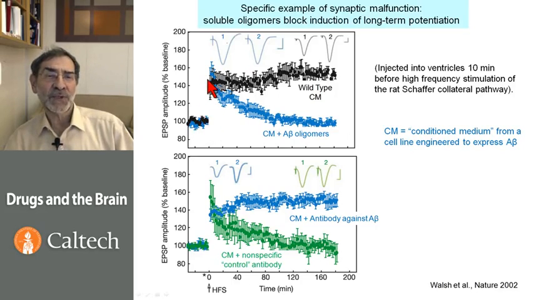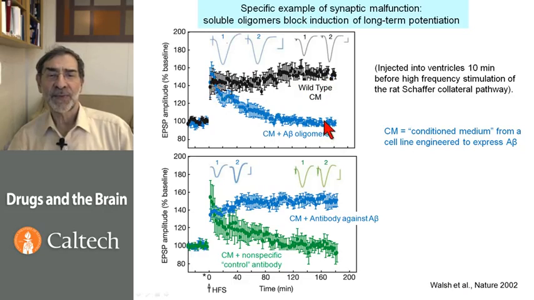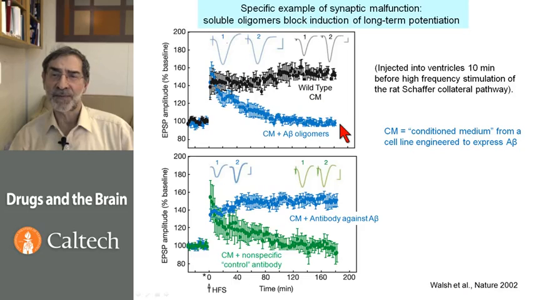In the normal situation, the EPSP activates and stays increased for a couple of hours. But if the medium surrounding the hippocampal slice contains A beta oligomers, then the elevated EPSP is not sustained, but it goes away after half an hour or so.